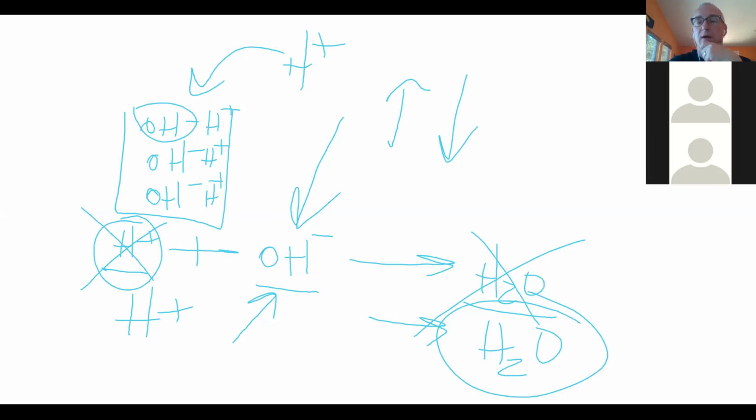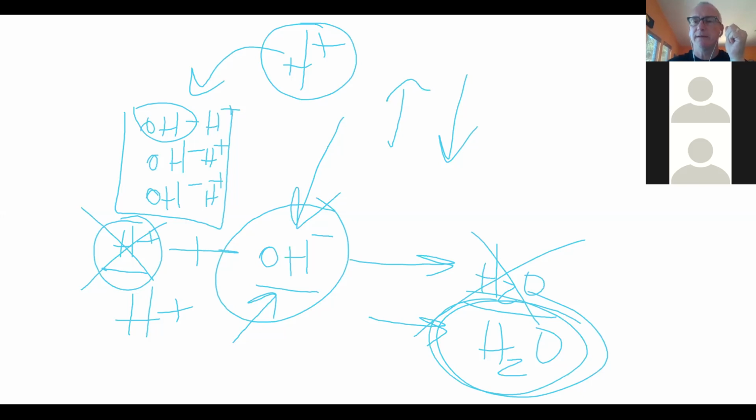Decrease. How come? Because when you add OH, the H plus will react with OH, which means we consume H. That's right. The more H plus is present in my solution, the more hydroxide ion it consumes and the more water I make.